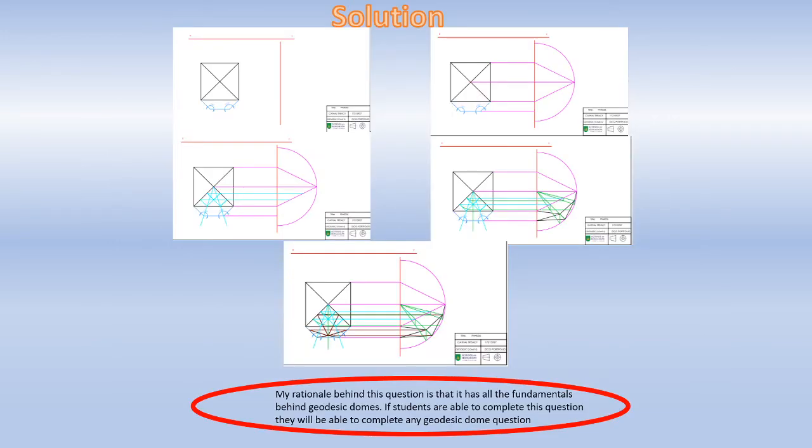So this is just a solution. We can see here, first of all you draw your octagon out from the bottom side. Then you draw an in view and circumscribe the plan view of the tetrahedron, or the in view of the tetrahedron, or not tetrahedron, sorry, octahedral.